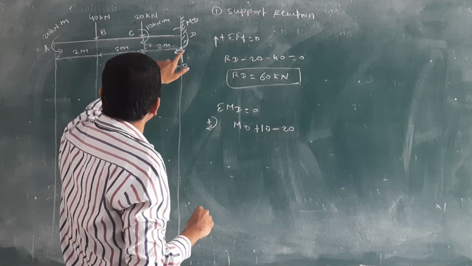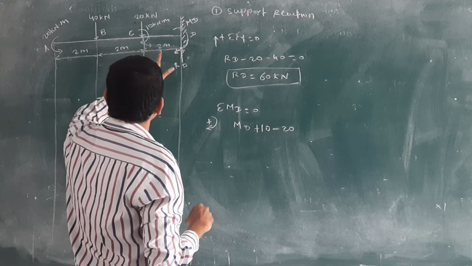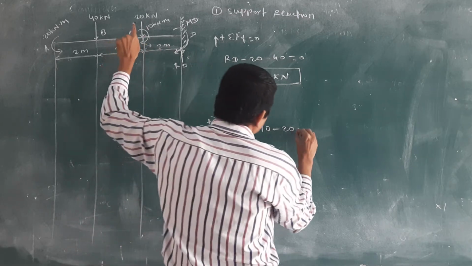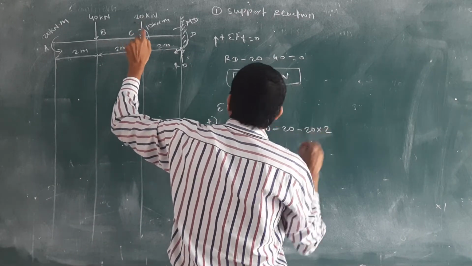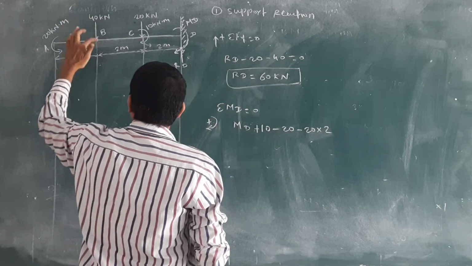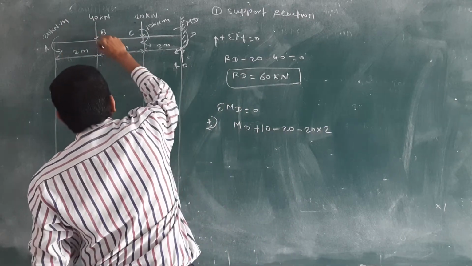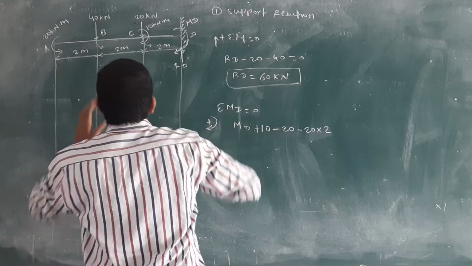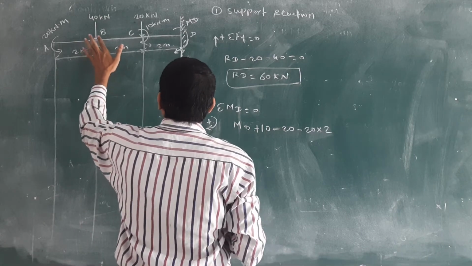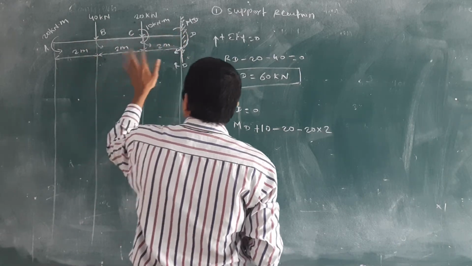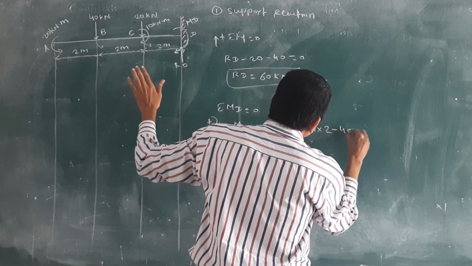Minus 20 into the distance from C to D, which is 2 meter: minus 20 into 2. And this one again goes in the anti-clockwise direction: minus 40 into the distance from B to D, which is 4 meter, so minus 40 into 4.